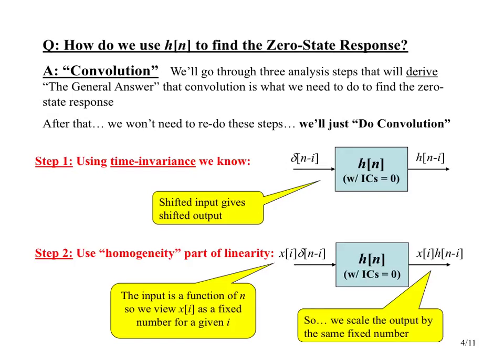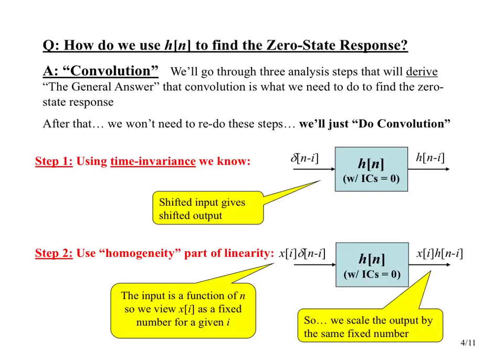So the answer is going to be convolution, but to see how this actually works and how we get to just do convolution, we're going to go through 3 steps. Once we've gone through these 3 steps, we'll have the answer that convolution tells us how to find the zero state response. We won't have to do these 3 steps every time.